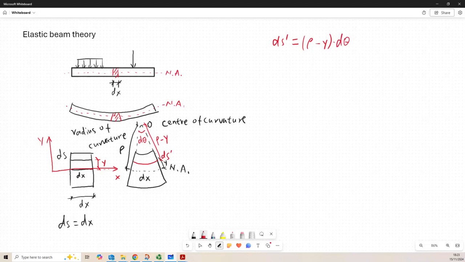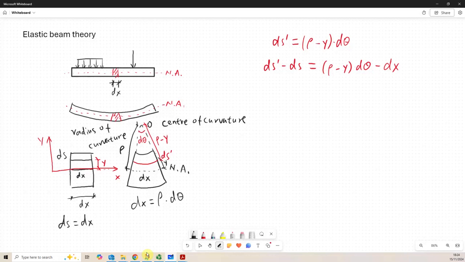Once we know ds prime, we know there's some change between ds prime and ds. So we can calculate the change between ds prime and ds. ds prime is rho minus y times d theta. And ds, we know ds is equal to dx, which is rho times d theta.